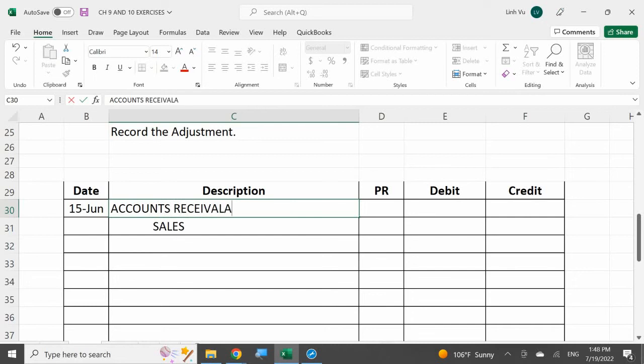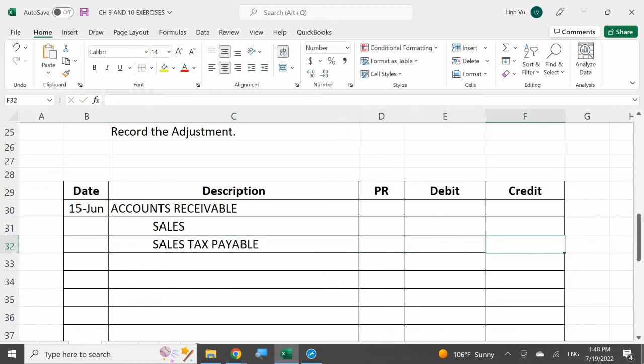I'm trying to figure out what that is. Your sales tax is 41.15. Sales is 500, and accounts receivable is 541.15.